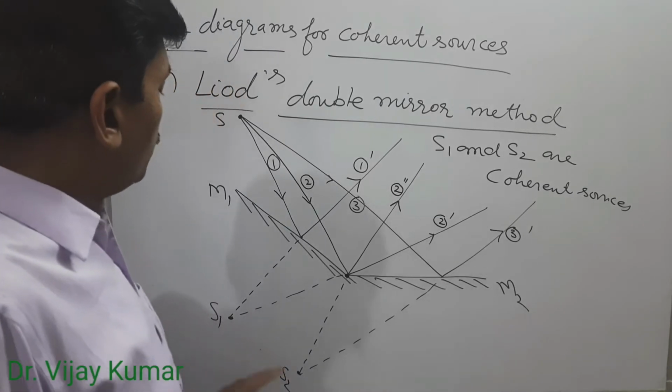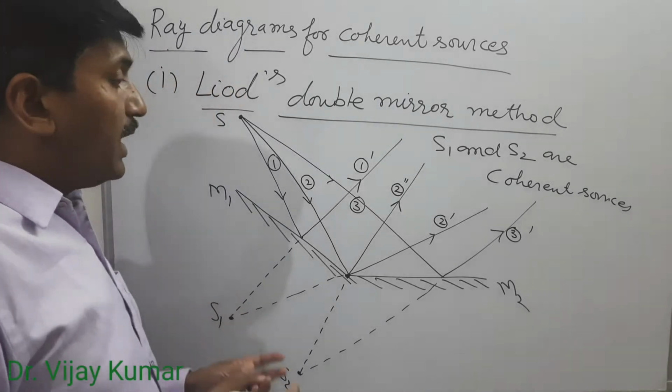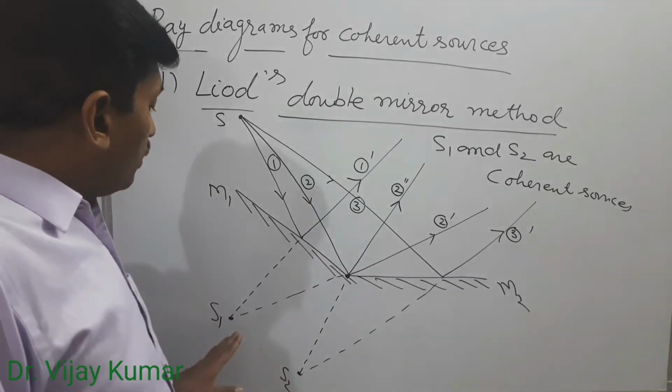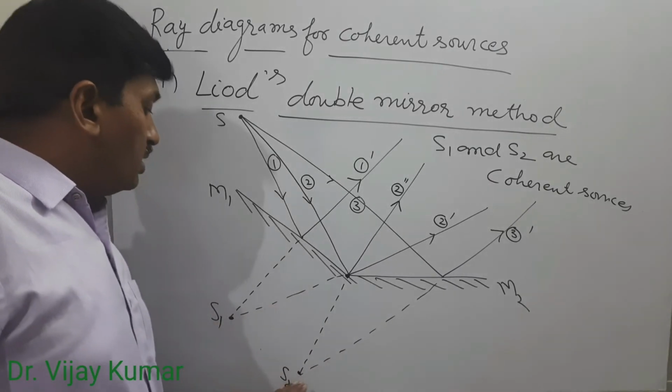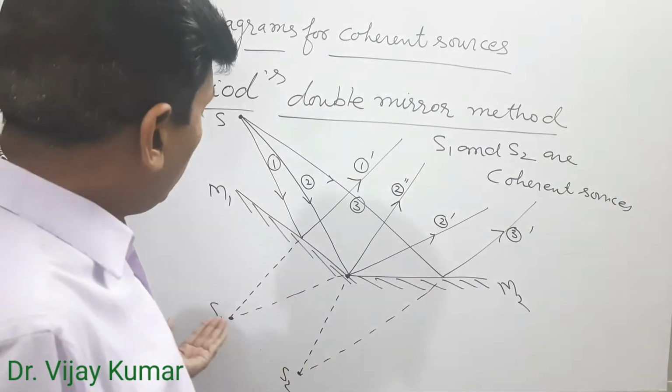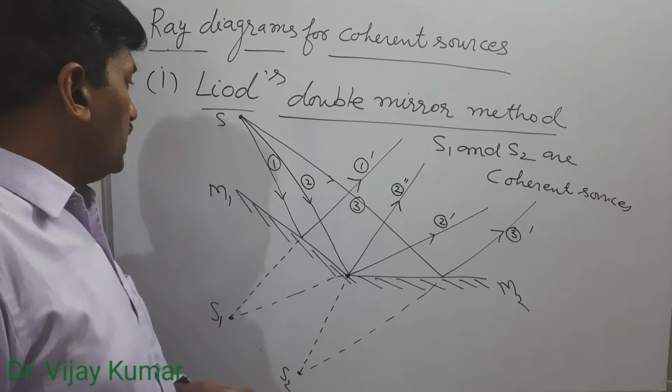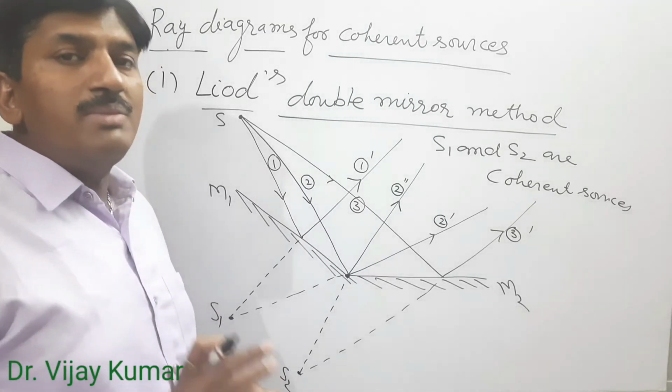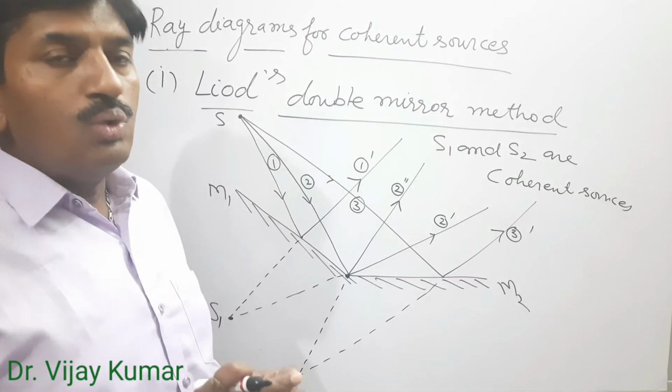So S1 and S2 are both coherent sources, and the intensity of the waves emitted by these two sources remains the same, as both are images of a source. In the Lloyd's single mirror method, we have two coherent sources.